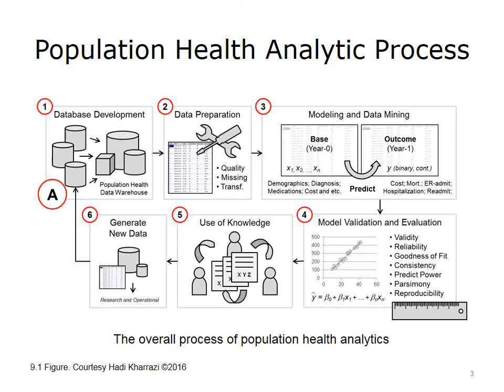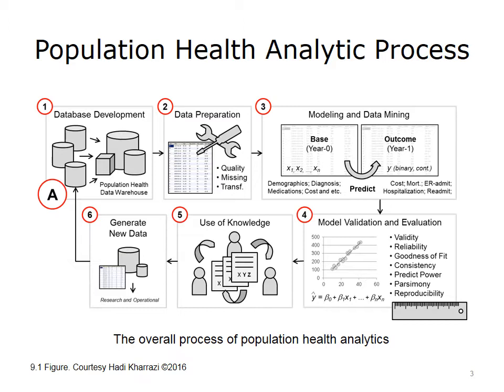The next step contains the development of modeling and data mining approaches. As depicted in Box 3, this step usually requires a base data set and an outcome data set. If based on insurance claims data, the base data set usually includes 1 year of medical and medication claims that would provide most of the independent variables, and the outcome data set often includes the dependent variables such as cost or other utilization markers.